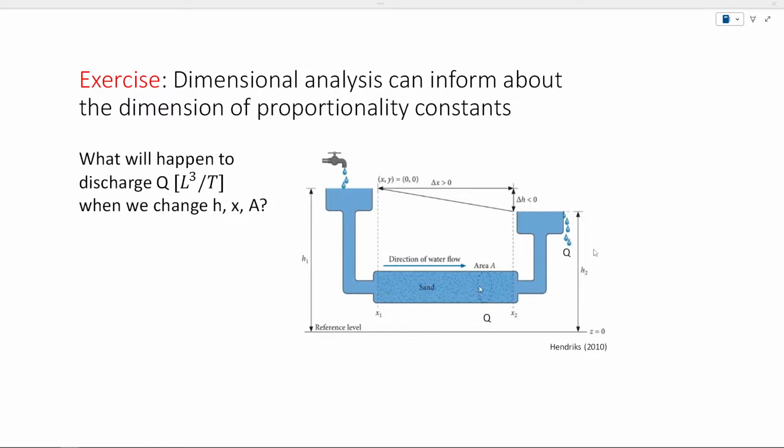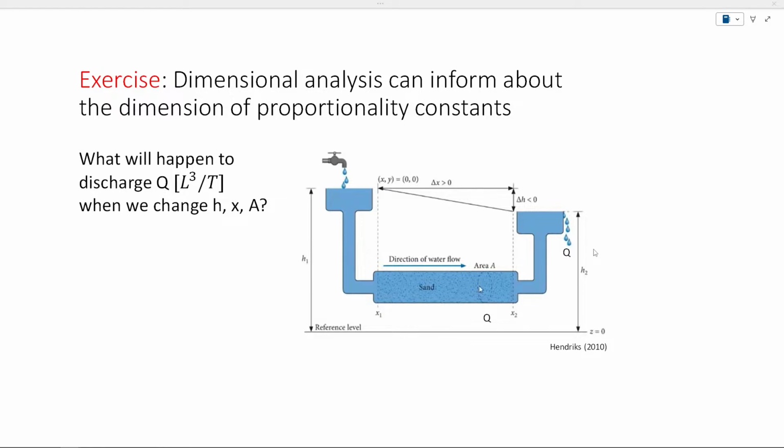So Darcy wanted to understand the flow in this column. He wanted to find a physical law that describes flow in a sand column or in a porous media.